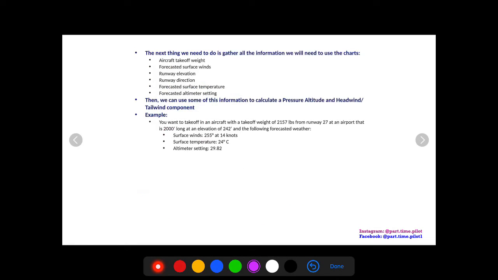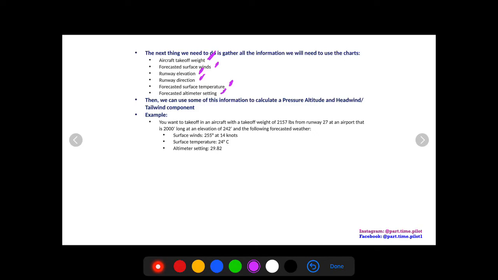All right, the next thing we need to do to use these charts is gather information, so we have all the information before starting to use the charts. The information we will need is takeoff weight, forecasted surface winds at the airport you're taking off from, the runway elevation, the runway direction, forecasted surface temperature, and forecasted altimeter setting.